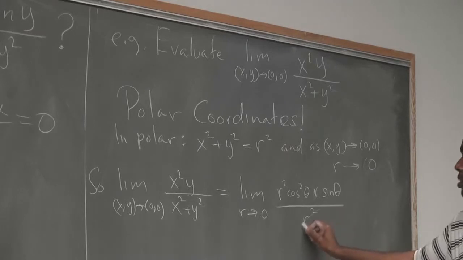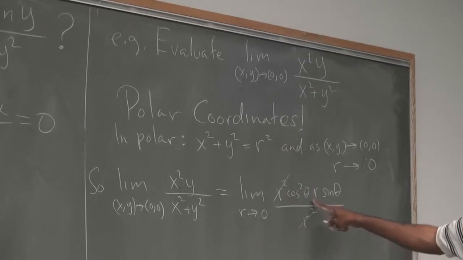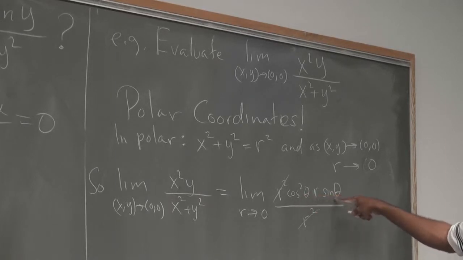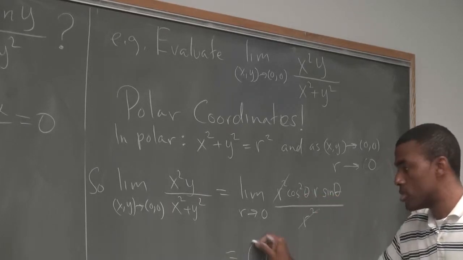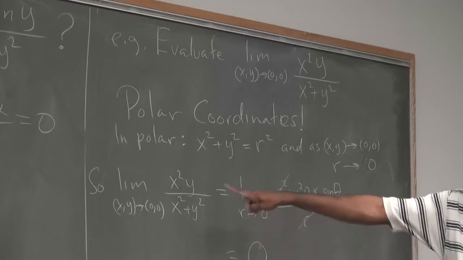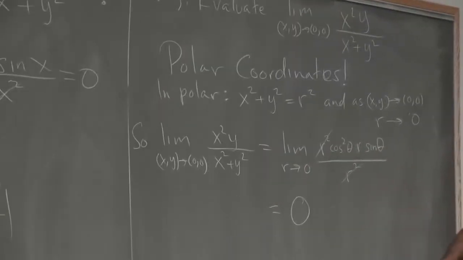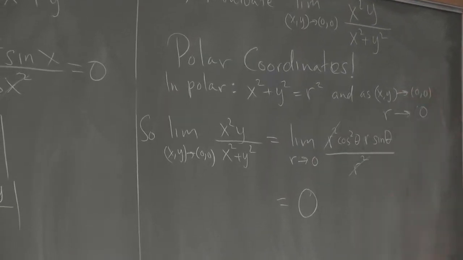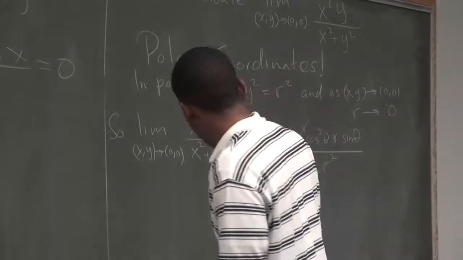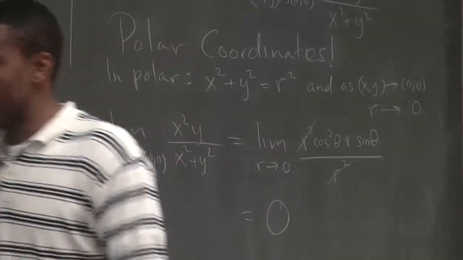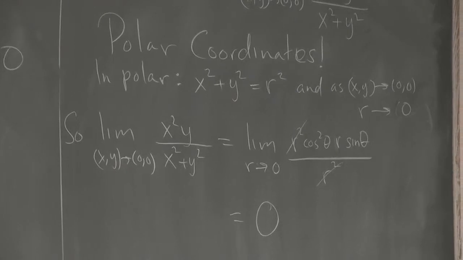Now r squared gets cancelled. As r approaches 0, you just have this times 0 times that. That gives you 0. I've turned a 2-variable limit into a 1-variable limit by taking advantage of the polar coordinates parameterization. That's one more thing polar coordinates are useful for. It won't be the last time we see it.